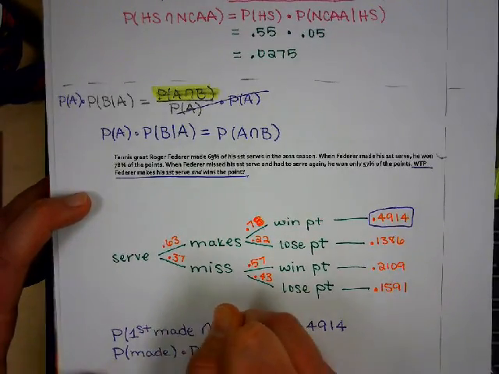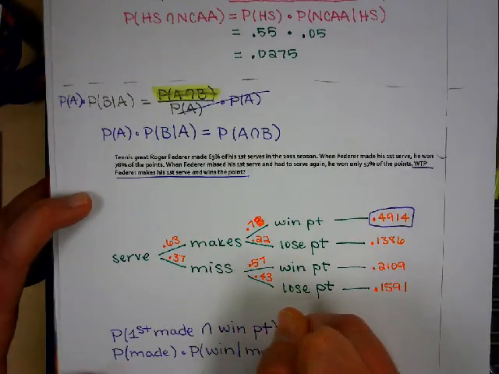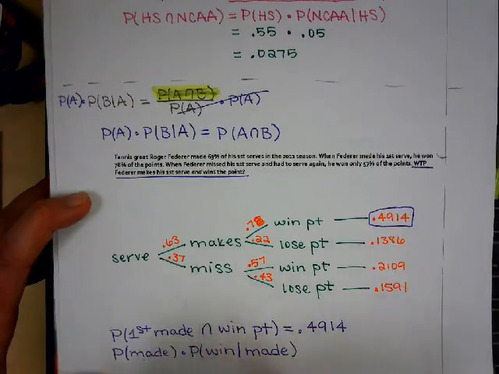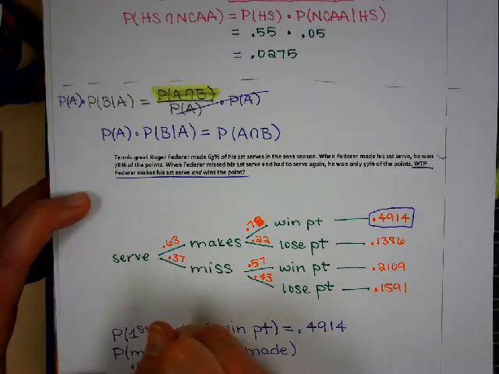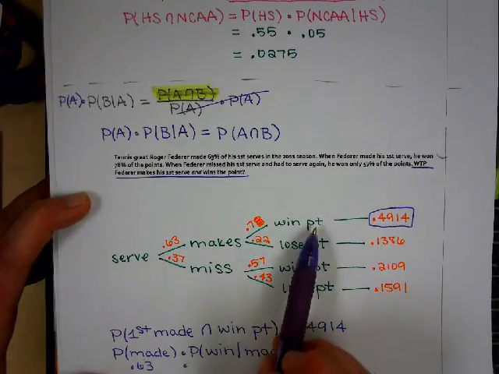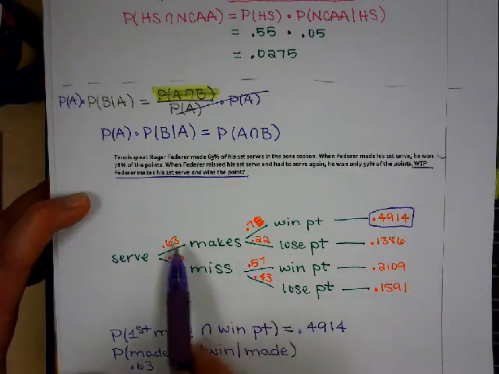He made the serve was 0.63, and the point given he made the serve was 0.78, and we would get our 0.4914.